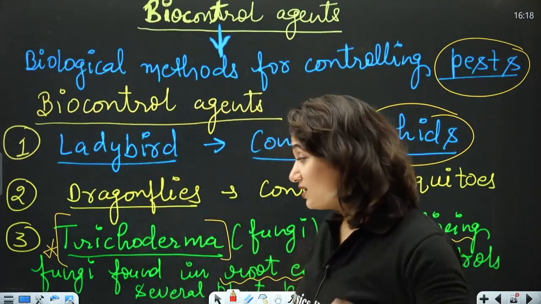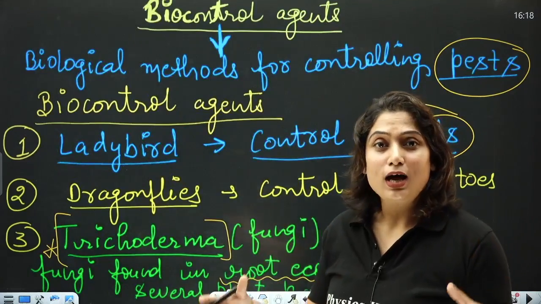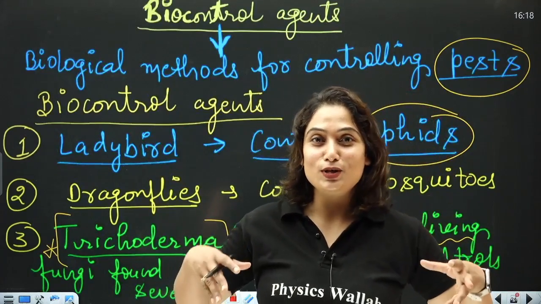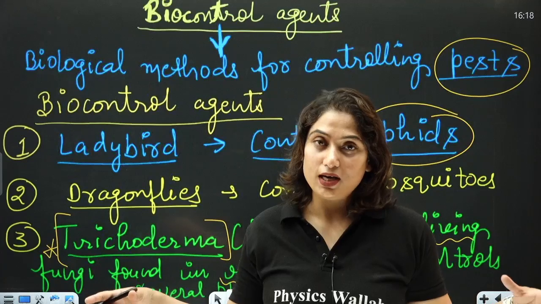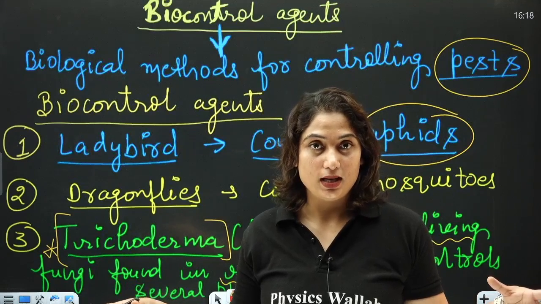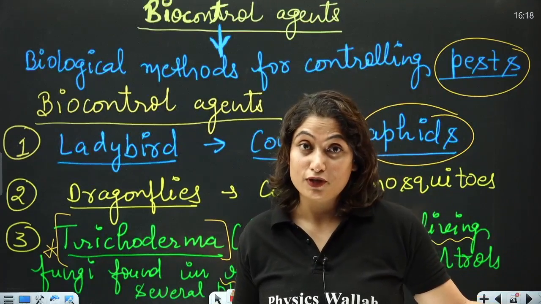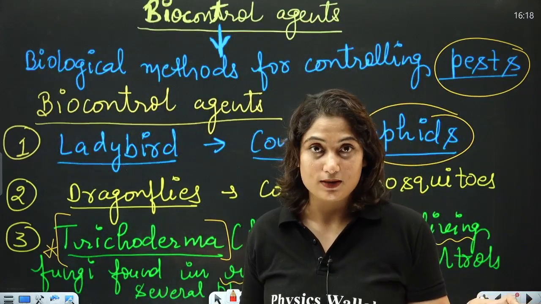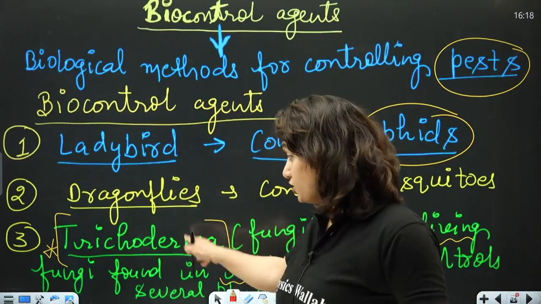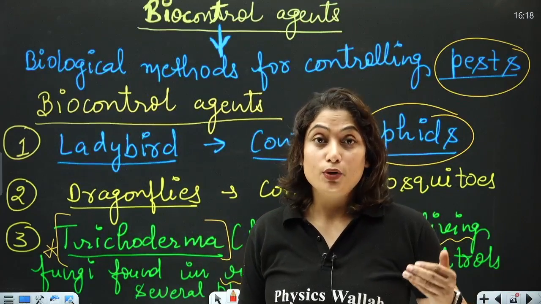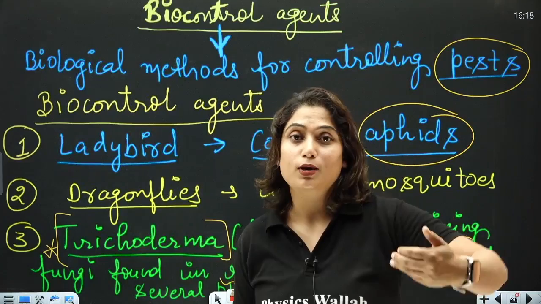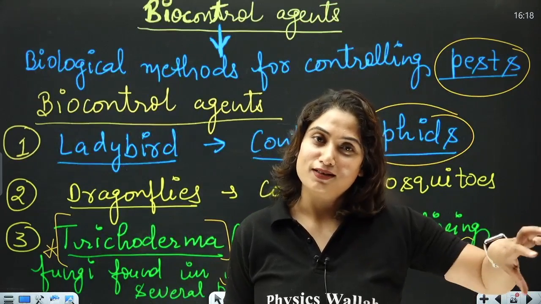And what it does, it protects the root of plants from several other pathogens present in the soil. There are several other pathogens like other harmful bacteria, other harmful fungi which can harm the roots of the plant. But this fungus naturally protects the roots of the plants from several other pathogens.